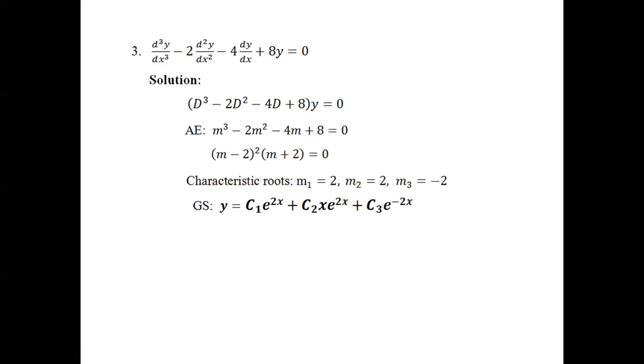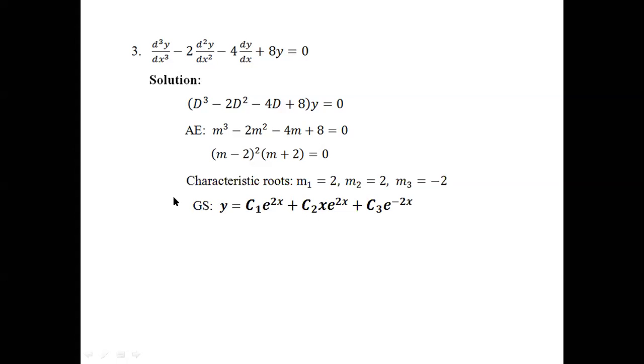And the 3 roots led us to a general solution of y equals c1 e to the x plus c2 x e to the power 2x plus c3 e raised to the power negative 2x.